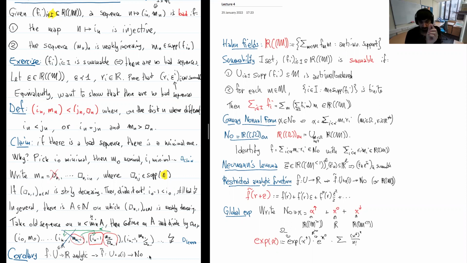If you move around by an infinitesimal, you use the Taylor series. This extension is given by computing the function and its derivatives at the real number, and then using the Taylor series in epsilon to find the value. This is summable by this lemma, and so you can do this.